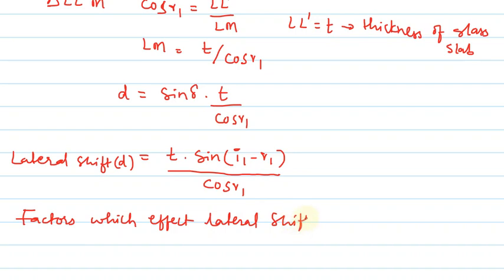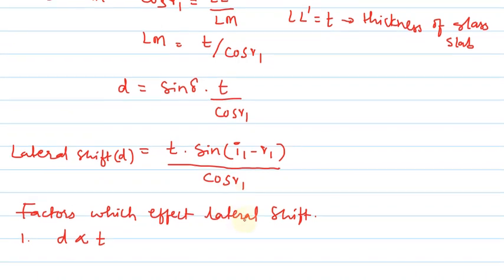In these factors, first one is that lateral shift is directly proportional to the thickness of the glass slab. Lateral shift is represented here with D. It is directly proportional to T, where T is the thickness of the glass slab. So greater the thickness of the glass slab, greater the lateral shift.